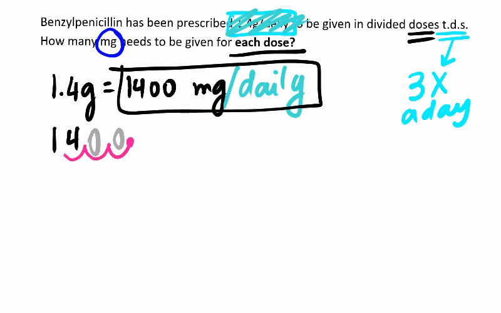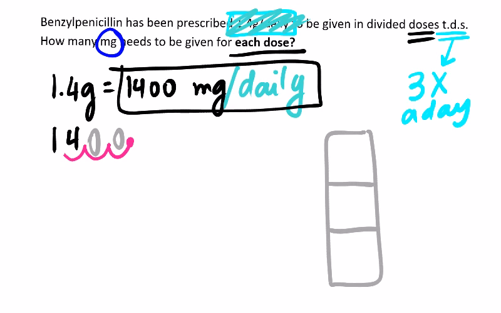Now if that's for the full day, and we are going to divide our day into 3 equal doses, this 1,400 milligrams is the quantity we need to give for the full day. So all we need to do is divide that quantity in 3 equal parts.